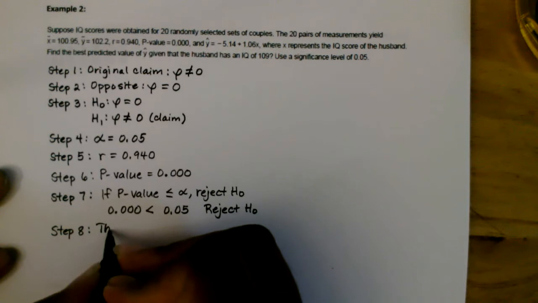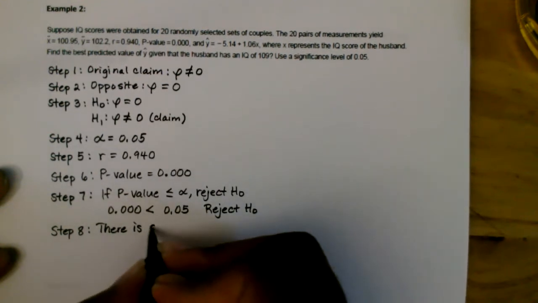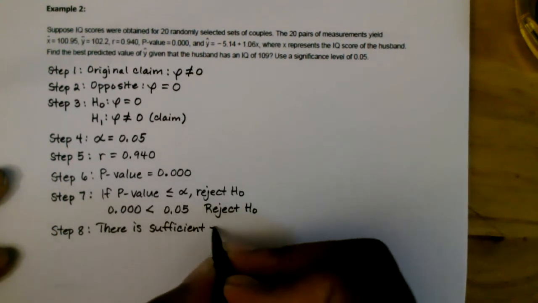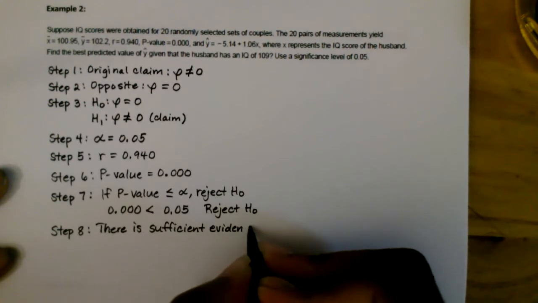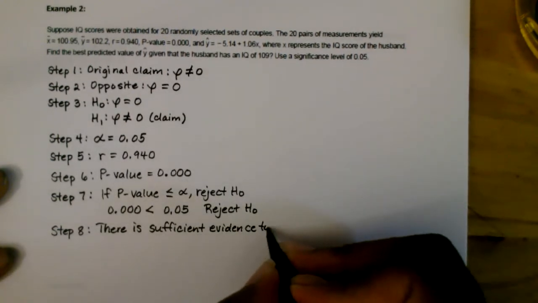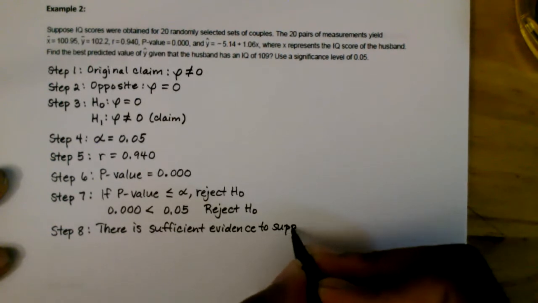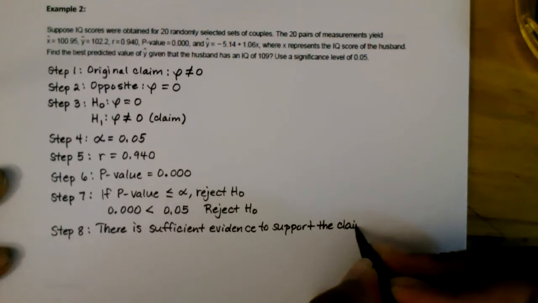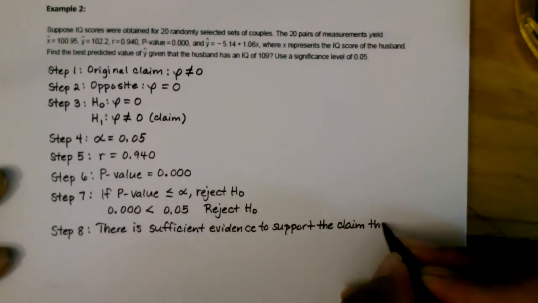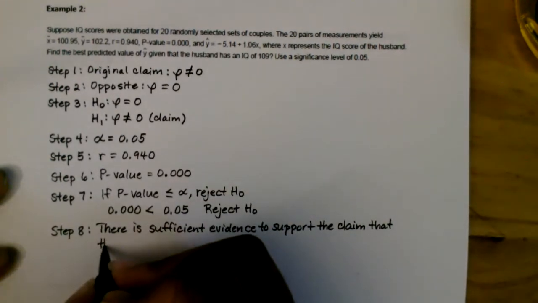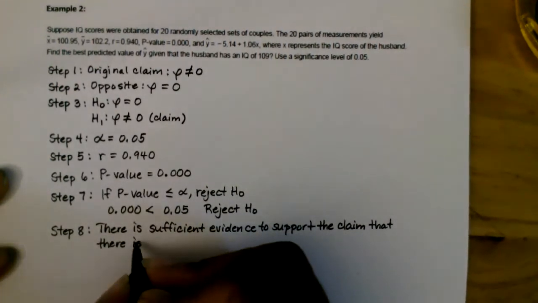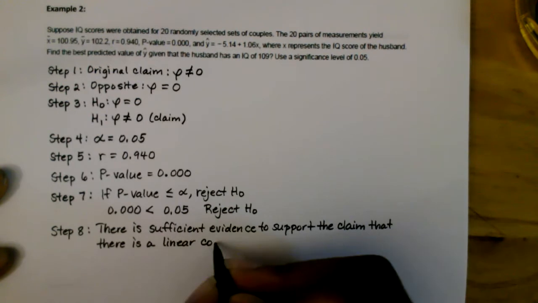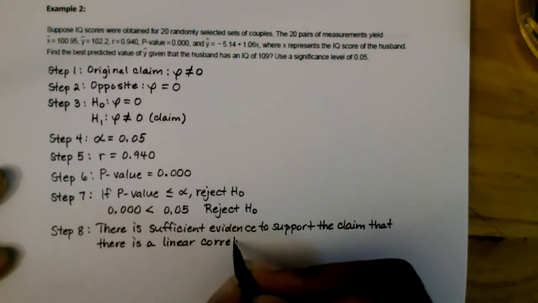That means we can say here there is sufficient evidence to support the claim that there is a linear correlation. And that's all I'll say about that right there.